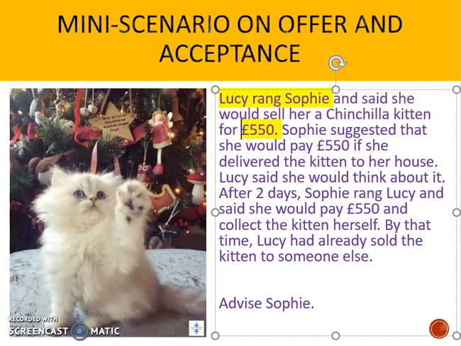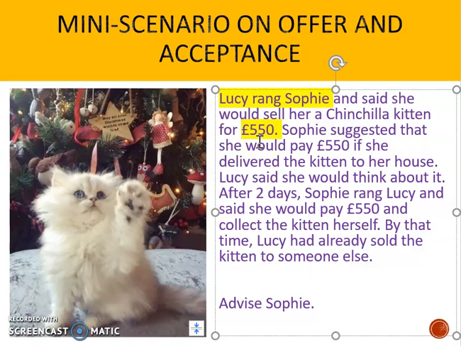Now, the fact that Lucy's rung Sophie and said that she'll sell for £550 looks like that's an offer. Quite often in these scenarios, you have invitations to treat to begin with. Quite often it'll be a car with a price tag on, something like that. But that isn't the case here. We've got a phone conversation with a price being stated, so that looks like an offer.